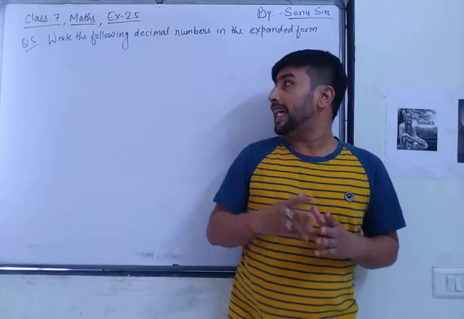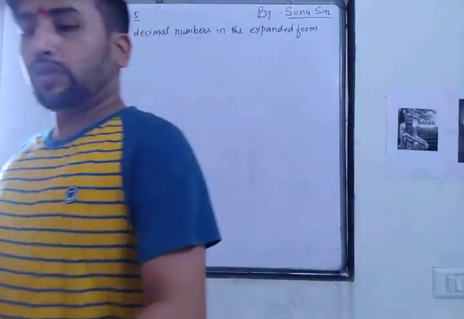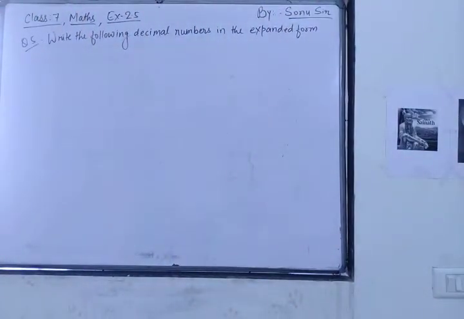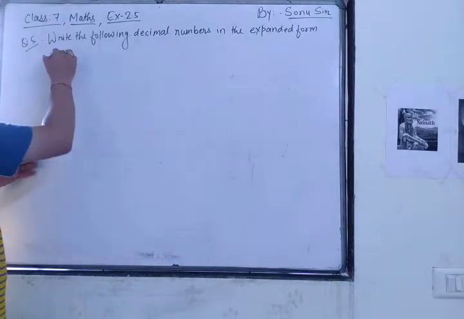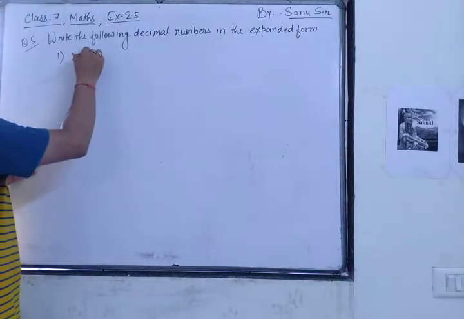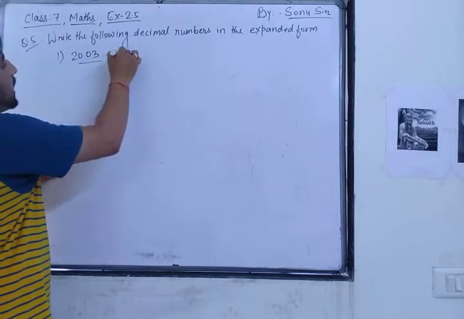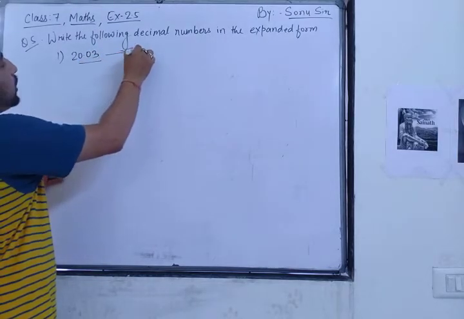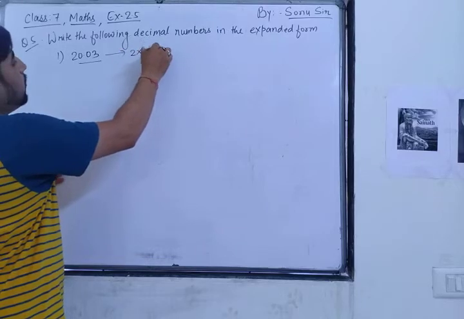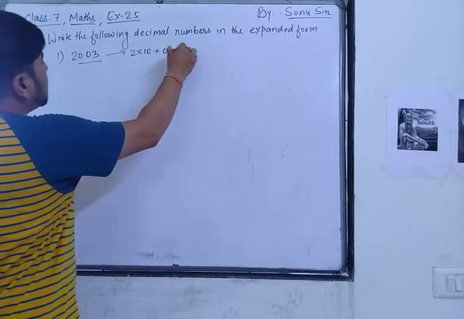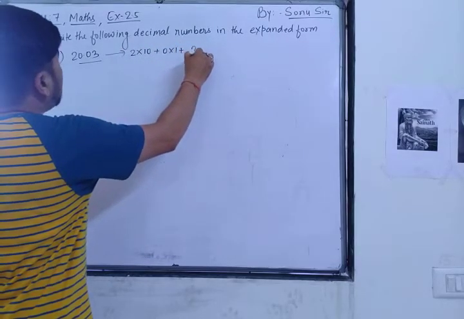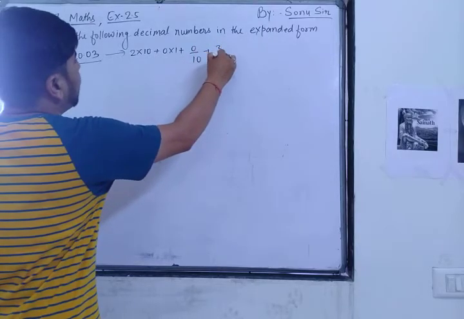For example, the first question is 20.03. You can see the first question is 20.03, right? So what can I do? First of all, to expand this number: 2 into 10 plus 0 into 1 plus 0 upon 10 plus 3 upon 100.